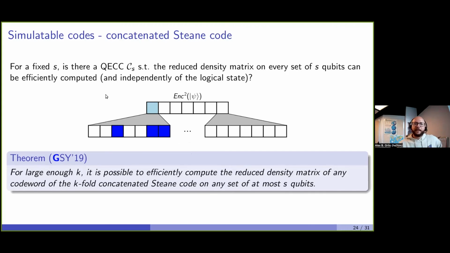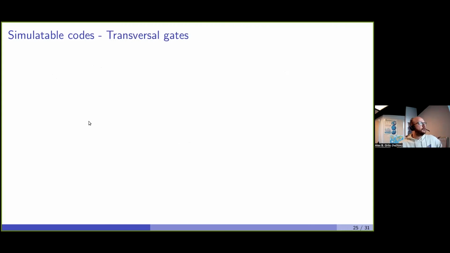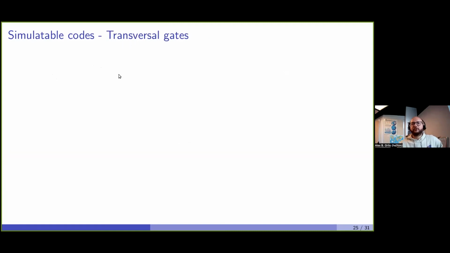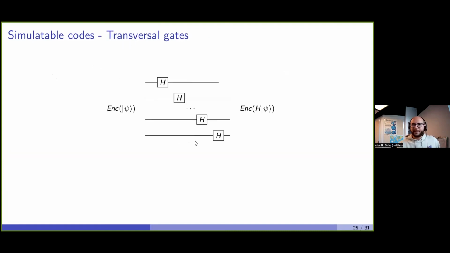And what we need in order to achieve our result is that we not only need to simulate the error correcting codes, we also need to simulate computation on encoded data. And one nice property of the Steane code, or concatenated Steane code, is that it allows transversal Cliffords. So for example, if I have the encoding of some state psi, and I apply Hadamards on each qubit of this encoding, then I actually have the encoding of the Hadamard applied on psi. So here we say that you apply Hadamard transversally on this code.